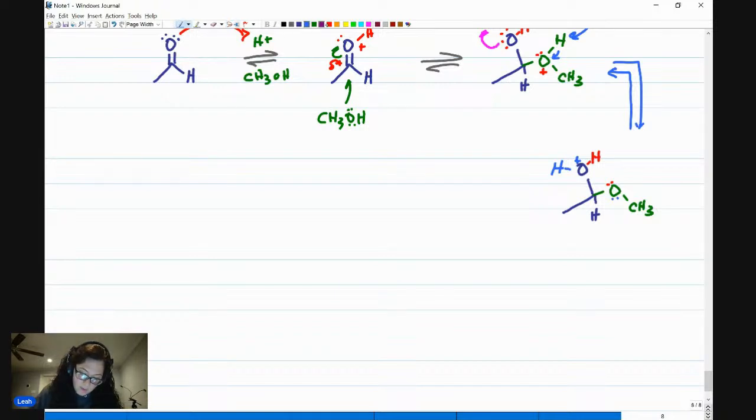This right here with a positive charge is a very good leaving group. And what does a good leaving group do? It leaves. The way that happens is this oxygen hasn't learned its lesson. It's still greedy. And so it will collapse the electrons down towards the carbon, forming a pi bond, kicking this one out.